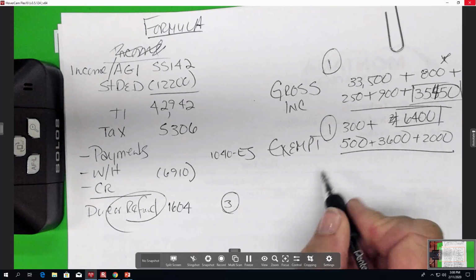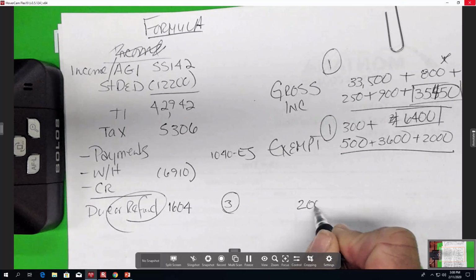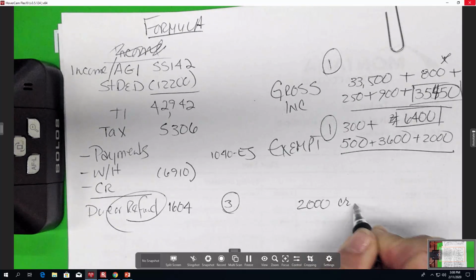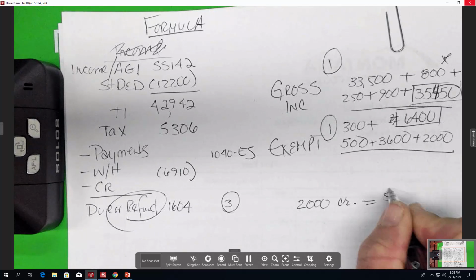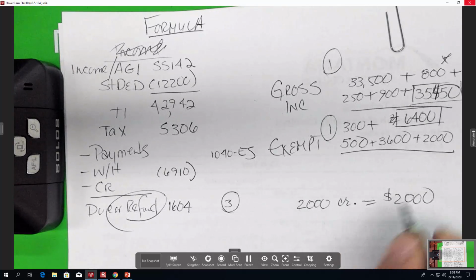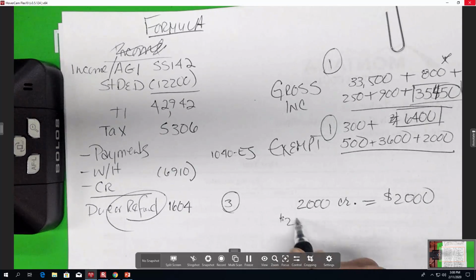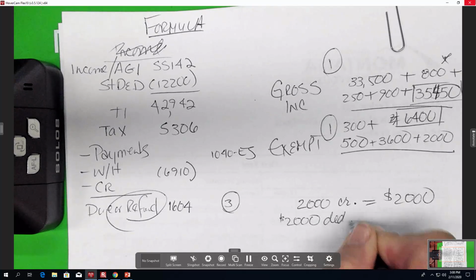So if I've got a $2,000 credit, what does that save me on my tax bill? If I have a $2,000 deduction and I'm in the 25% bracket, what does that save me?